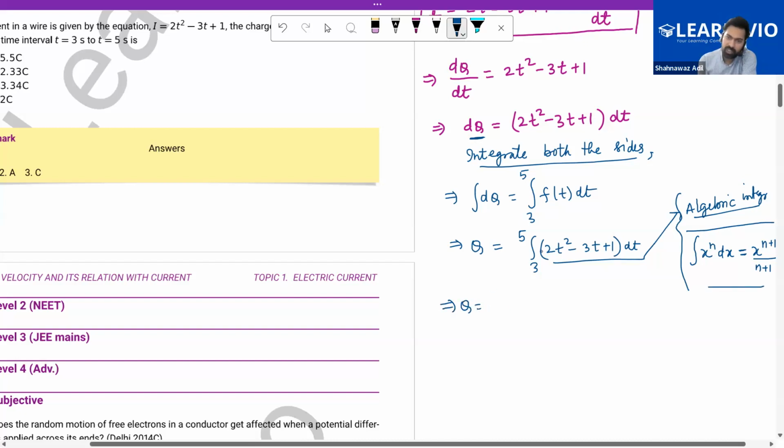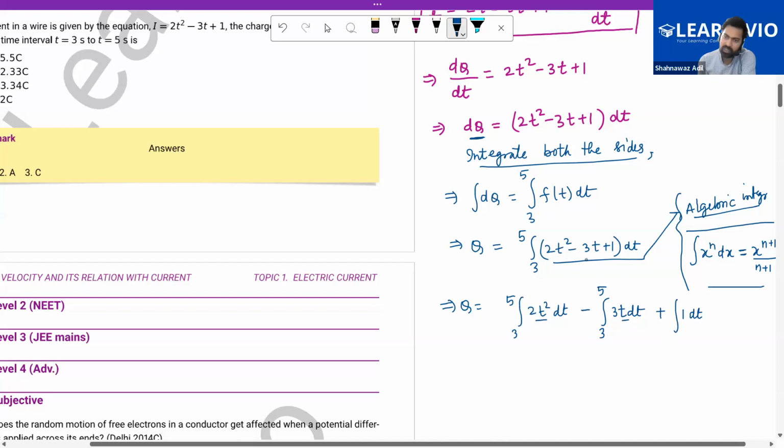So the limits would be 3 to 5, right? The first integration is 2t² dt. The next integration, we will write it separately, is 3t dt. All these are algebraic functions, one by one. And the next integration is 1 dt.